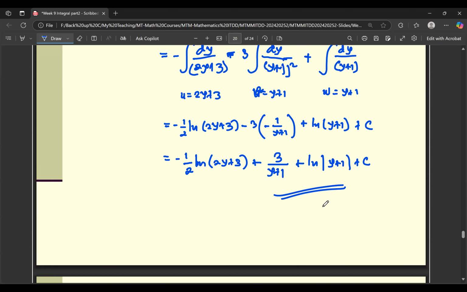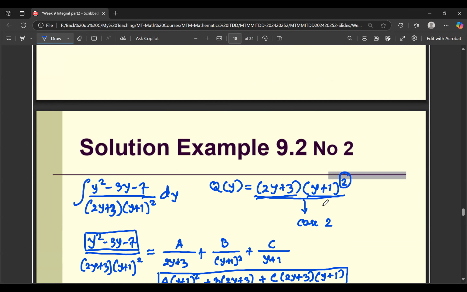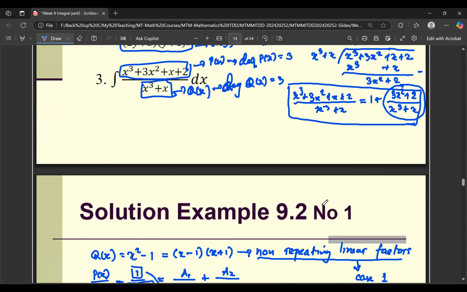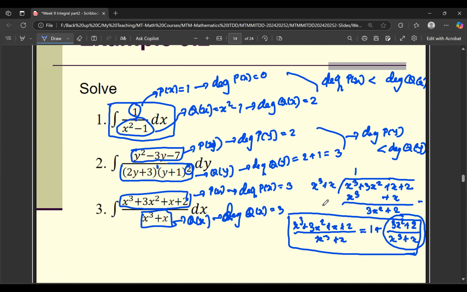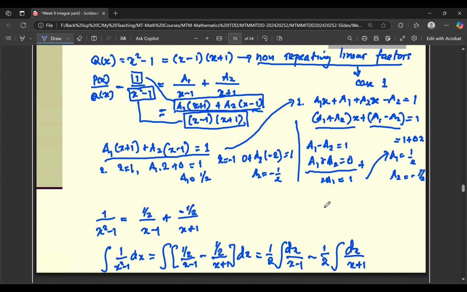You can look at the solution of this technique, partial fraction. It is quite long. You can look at that. There are some steps to solve the problem.